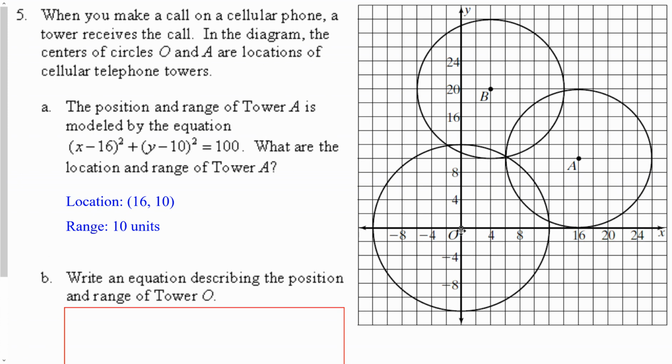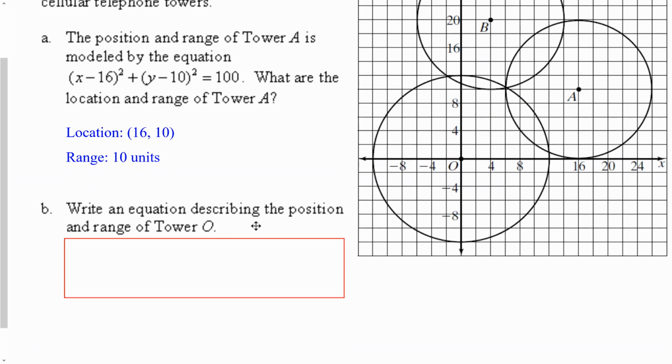So point A, so that tower is located, since it's +16, most likely that's 16 units, whatever it be, miles, kilometers, to the east. And then +10 for the Y would tell us that we have 10 units in the north direction. And then again, the range being 10 units, this could be miles, kilometers, whatever it might be. We just have to make sure we're paying attention to the problem and using the appropriate labels that are given to us, if any are.